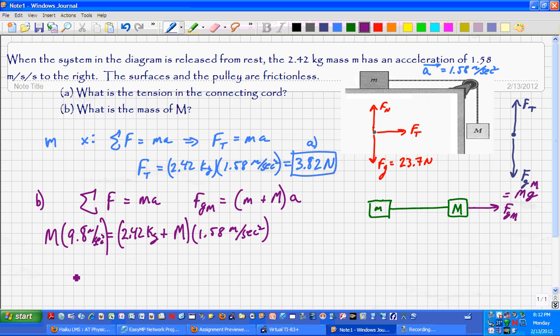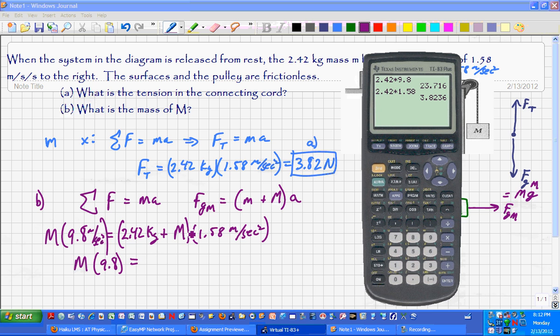Okay, so let's see what we can do here. We've got M times 9.8 equal to 2.42 plus M times 1.58. I'm just going to distribute that 1.58 throughout.